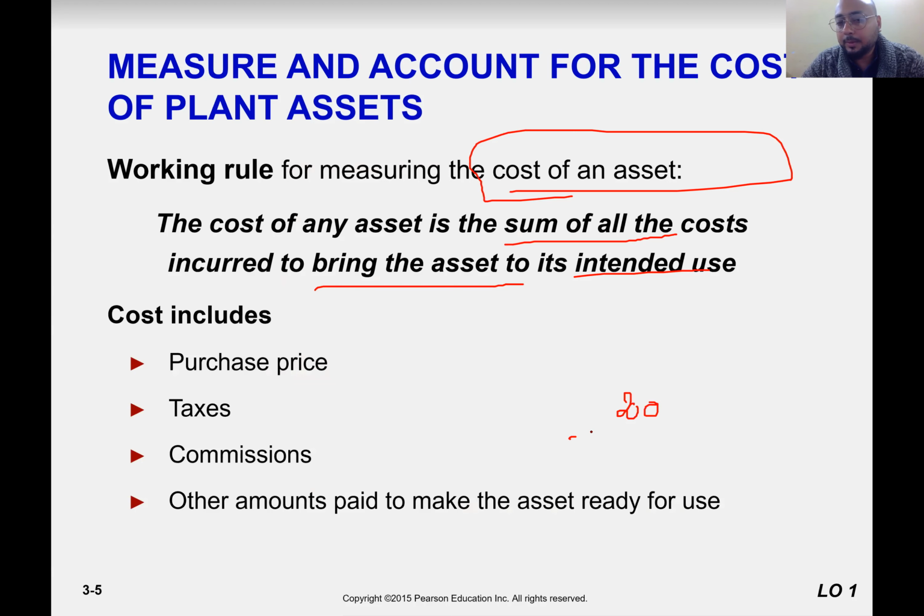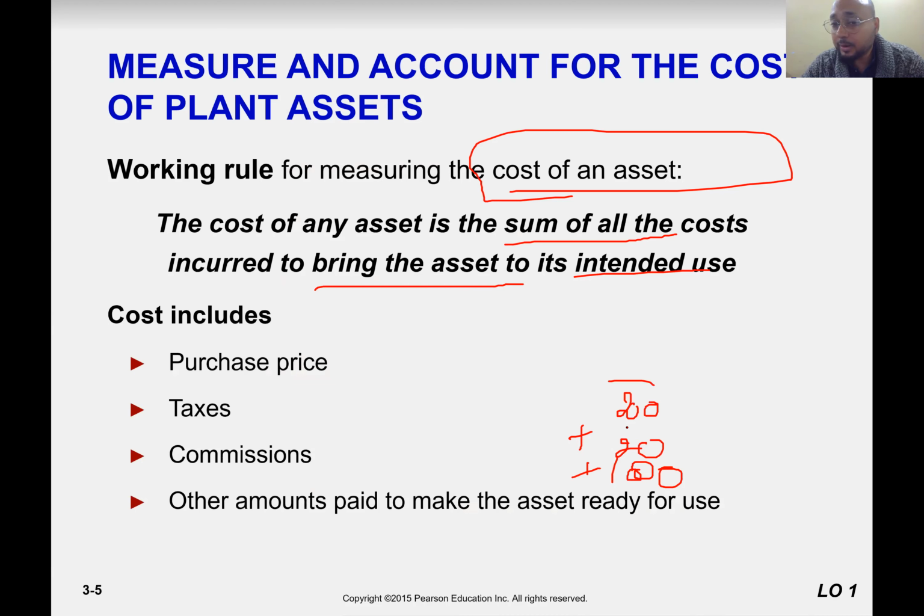And then we paid delivery fees of $20 to the postage service so that the AC can be delivered to us. And then we paid $100 to the worker who installed the AC in its working use. So what is the cost of the AC?